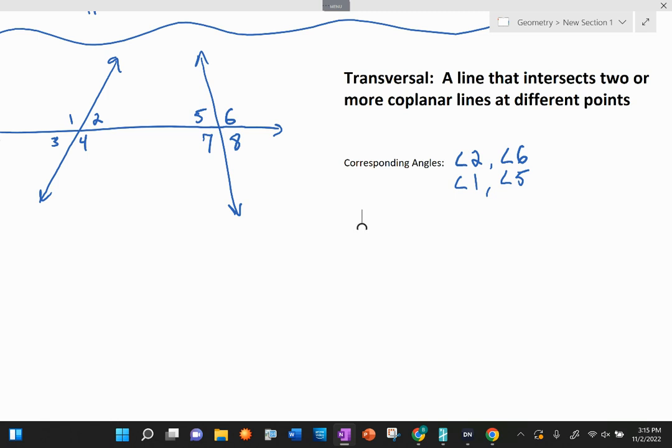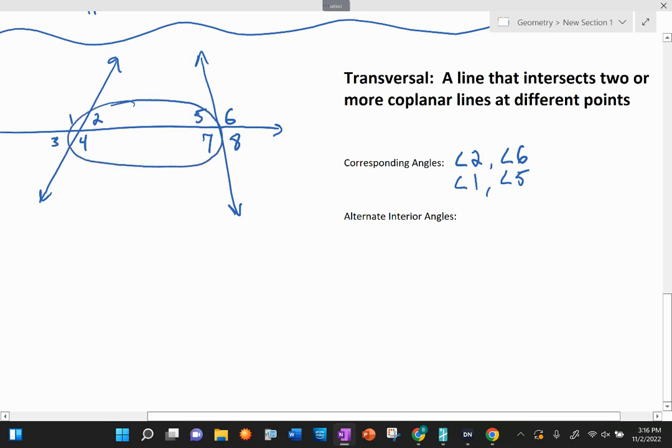We would also have alternate interior angles. Alternate interior angles are angles that lie on the inside, because we're talking about interior. If I'm talking inside versus outside on a transversal, these are the inside, the interior.